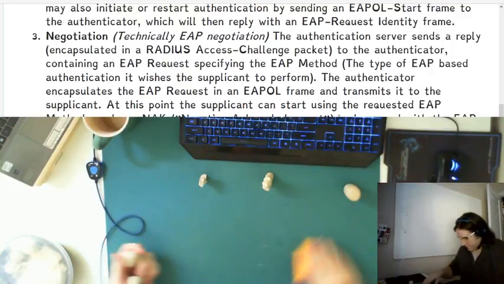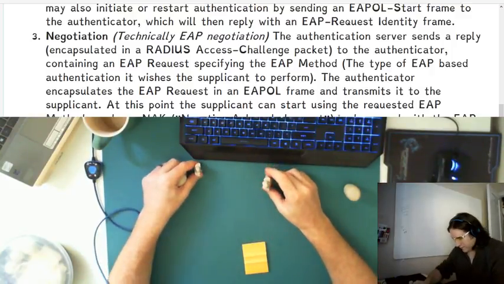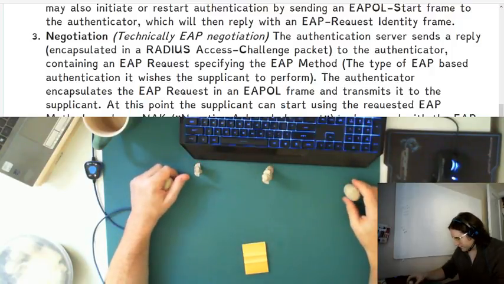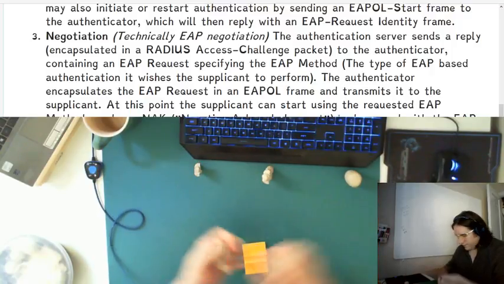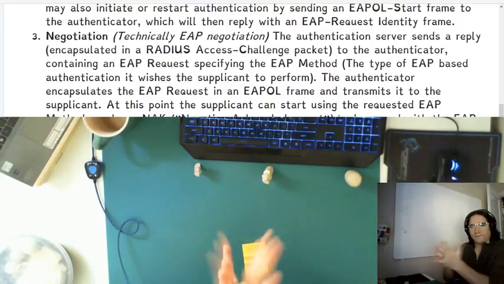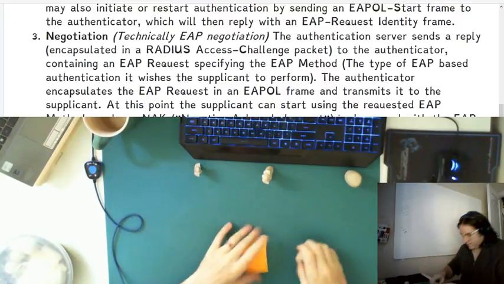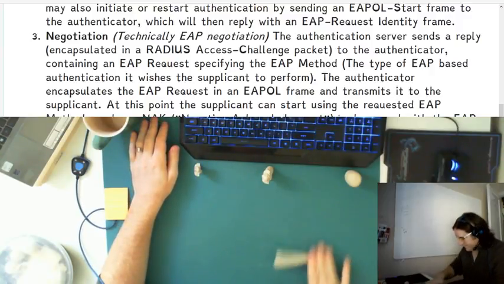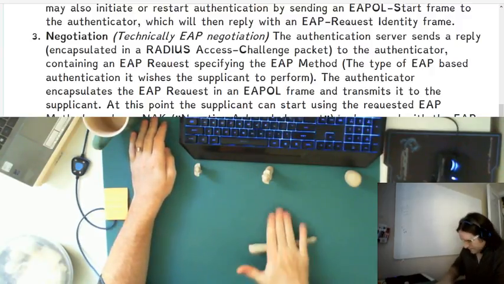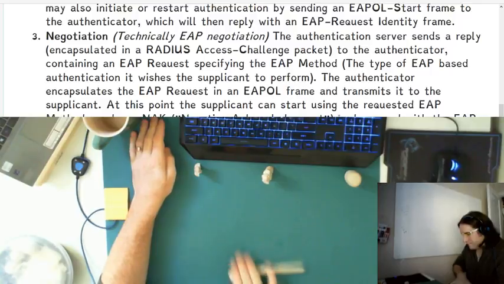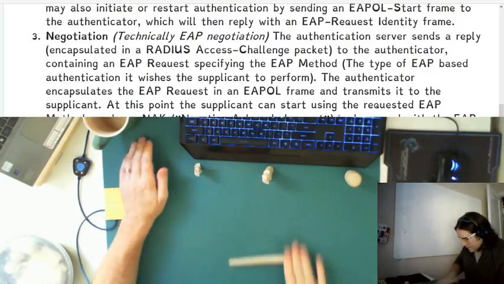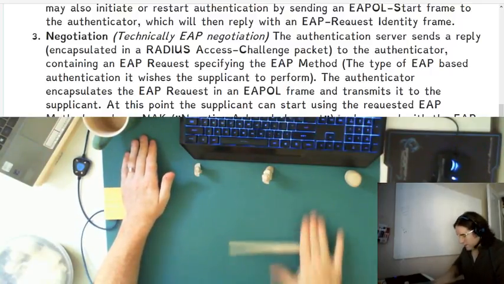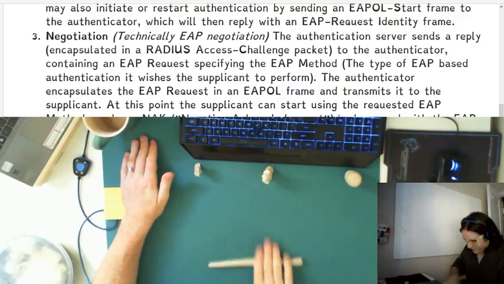So now, we've got the supplicant, authenticator, and the authentication server. Okay. So now, what do we do? So I've got to go back all the way up.